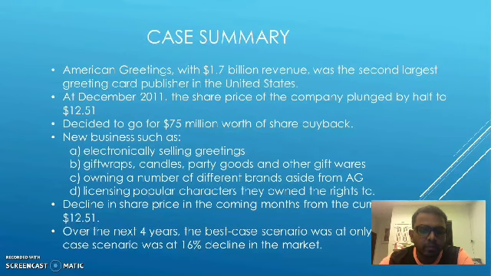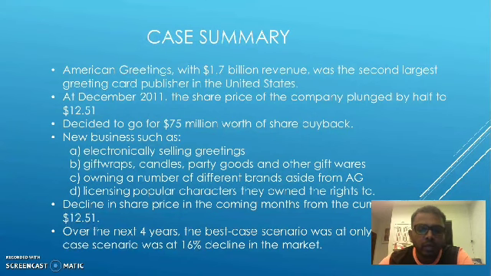As we know, the share price declined drastically, and based on what the analysts have analyzed, the future for AmericanGreetings is not positive, and it is on negative sentiment now, based on the analysis of the next 4 years forecasted financial statement.